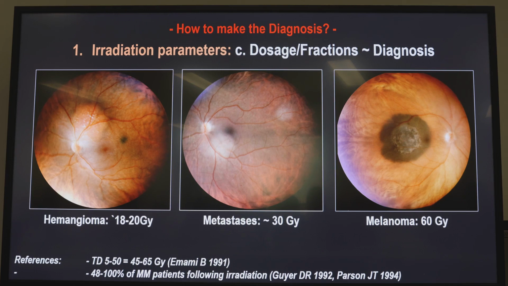So the radiation oncologist knows it, but the longer the life expectancy, the more you will try to fractionate, hoping that you will postpone the radiation retinopathy. And then they have the melanoma. You first have to cure the patient. So there, without under 60 grays, you will not kill the melanoma. The melanoma is radiation resistant. And then we have to deal with the side effects afterwards.